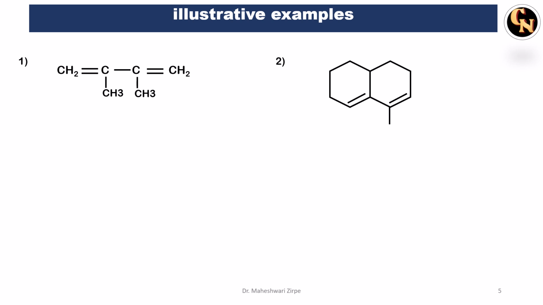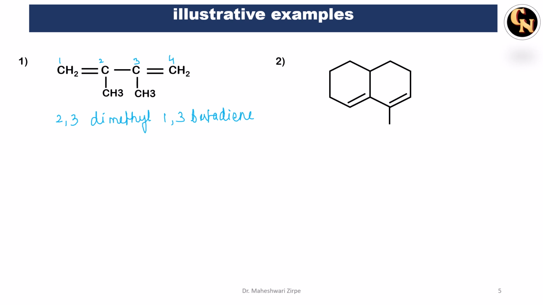So the name of this compound is 2,3-dimethyl-1,3-butadiene. You can see here, we can number it as 1, 2, 3 and 4.